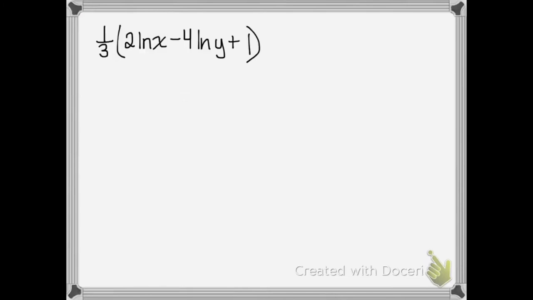The other type of exercise is to condense. So we want to get this to an expression of a single logarithm. I want to be able to state this as ln of some expression. That's what we're going for here. So we're going to go ahead and distribute the 1/2. Actually, let's not do that yet, because I'm seeing something here that I'd prefer to do first. We're going to use this power property here and here.